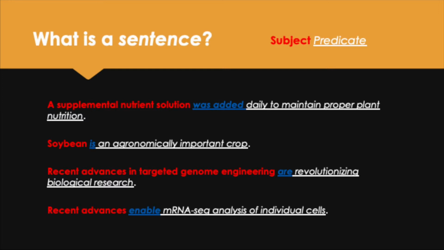Second example, soybean is an agronomically important crop. The subject is soybean. The predicate is an agronomically important crop. The verb there is a state of being verb. It's is. Okay, so soybean is an agronomically important crop. That's a full sentence.